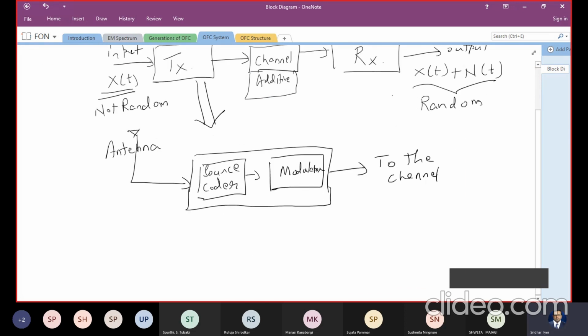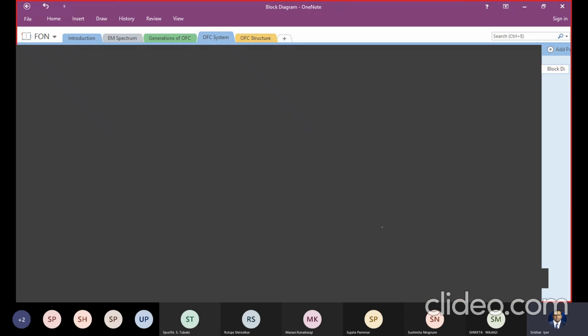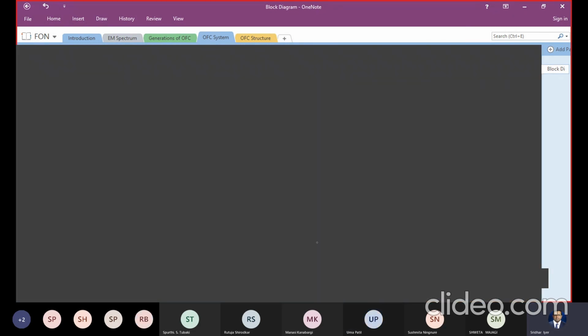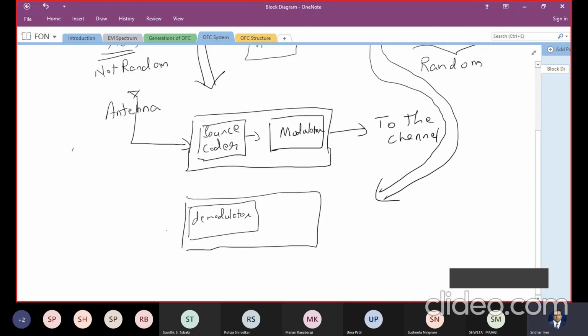Now if we take the receiver, let me draw the receiver here. Obviously the first part in the receiver has to be a demodulator, because the signal which is incoming would be a very high frequency signal, so I need a demodulator, followed by, if the source coder has not done a very good job of coding the signal, or which I cannot really understand, then I need a receiver coder.